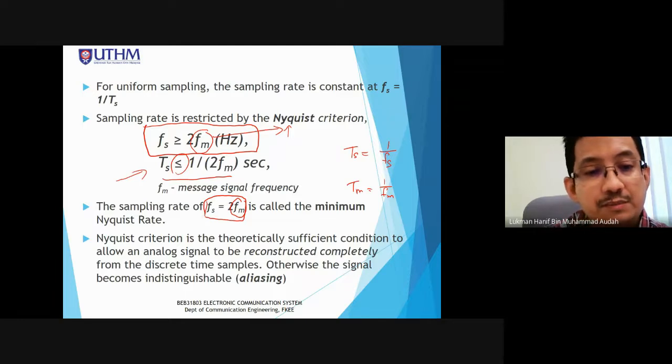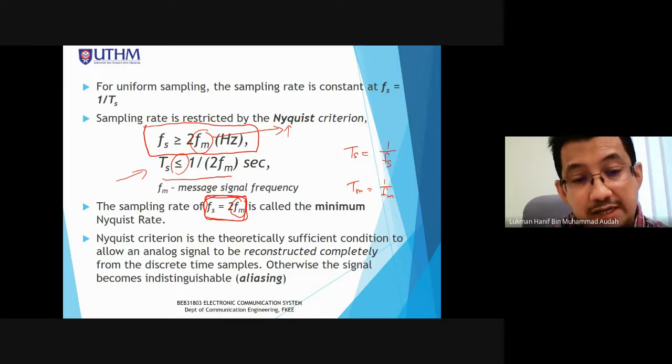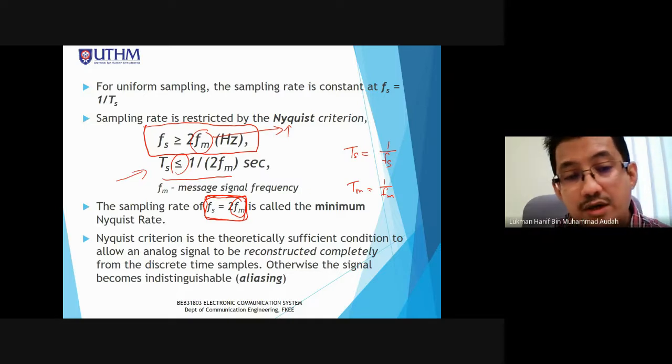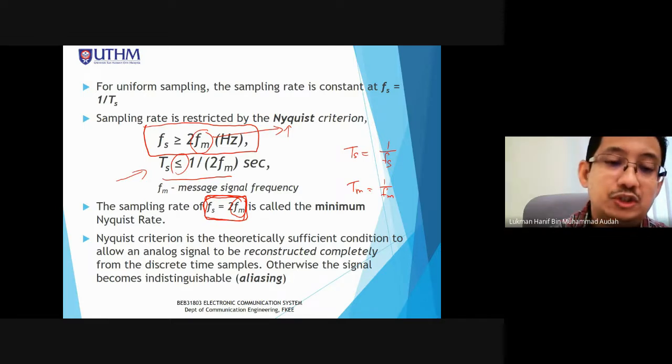This value 2 FM, it's not a magical number. It is already proved mathematically. Nyquist is a mathematician where he did research about this sampling process, and he came out with the theory that the minimum sampling rate must be 2 times the highest input frequency.